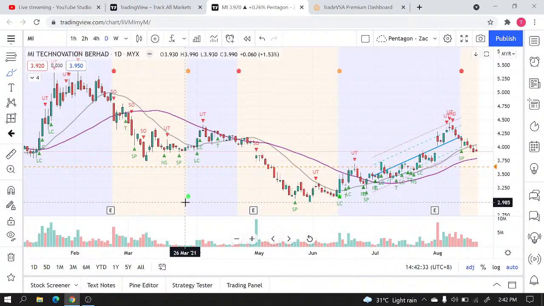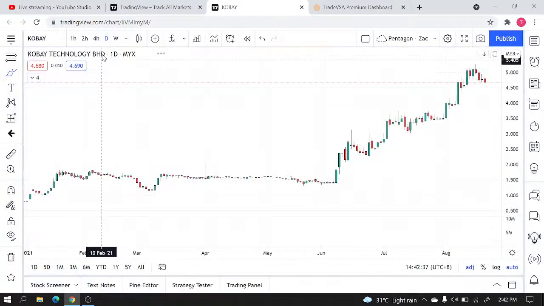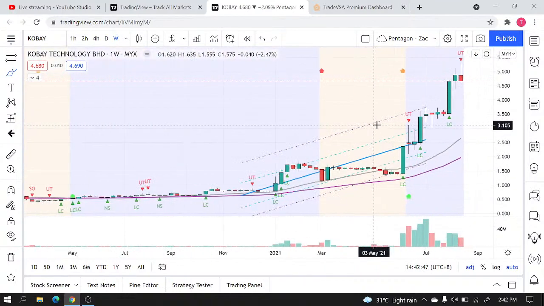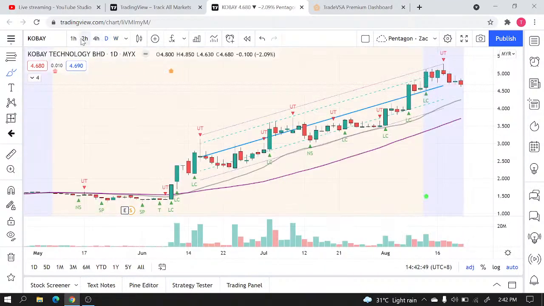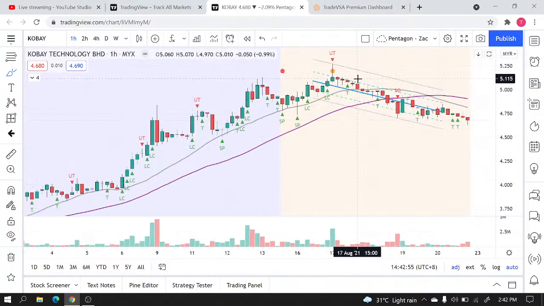Okay, let's look into Kobe. Kobe is still in uptrend. I don't see any major weakness at the top. Volume is still average. Weekly didn't show anything. Let's go to hourly. Hourly broke below the 20/40s, so maybe some sideways is expected.